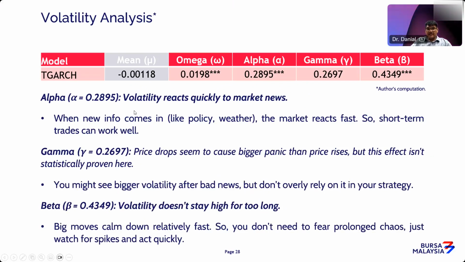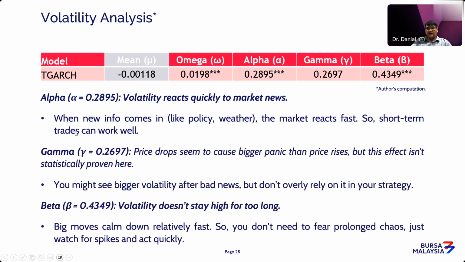Alpha: volatility reacts quickly to market news. Alpha is 0.2895. I see very good numbers here, whereby omega, alpha and beta are all showing good validity in terms of statistical significance.